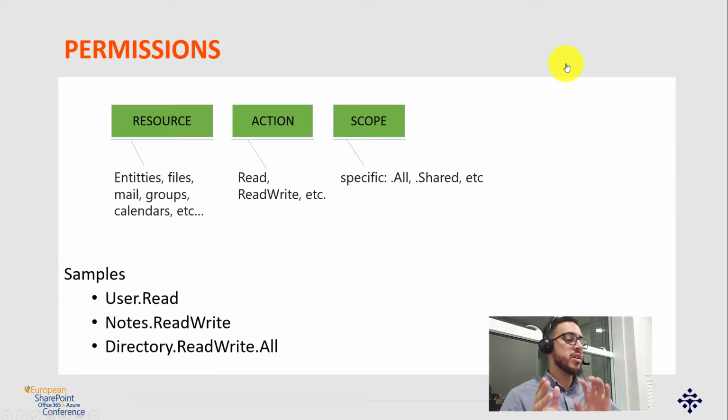You have basically three hierarchy stuff: the resource, the action, and the scope. Basically the resource is which service are you asking for the permission.